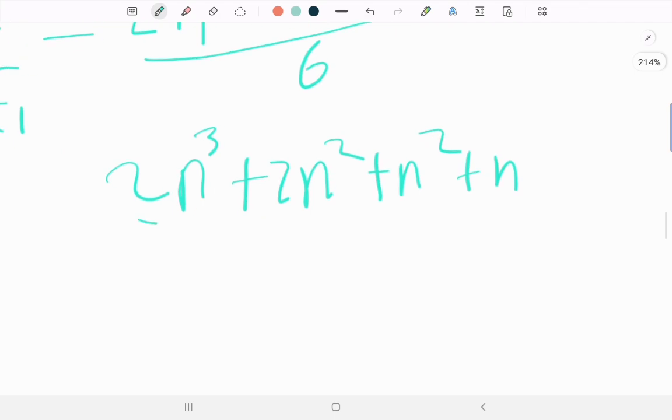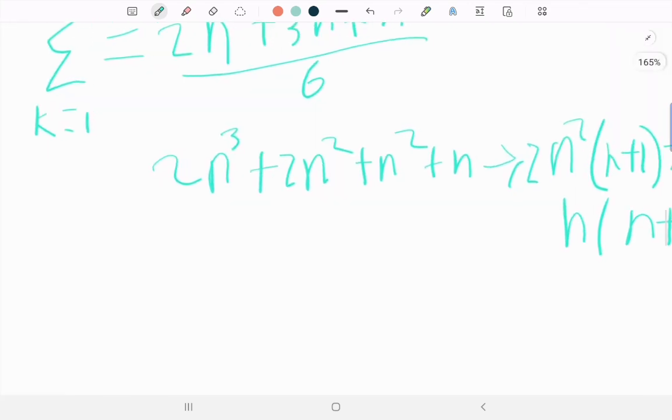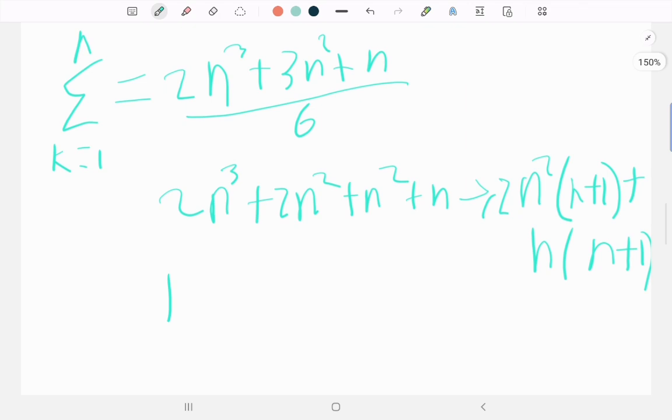So now we can see that this factors out into 2n squared times n plus 1 and also plus n times n plus 1. So we get n times n plus 1 times 2n squared plus n, no, 2n plus 1 factored out.